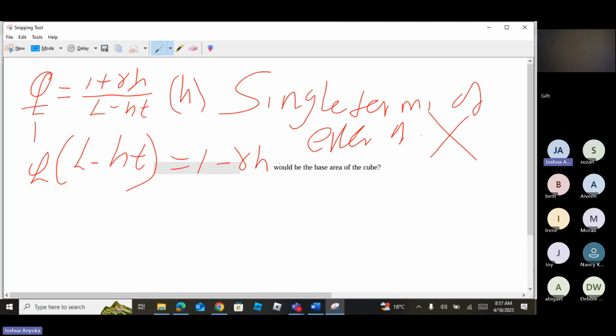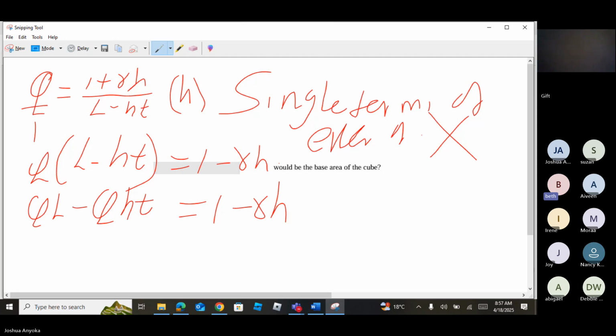You must have a justification as to why you are cross multiplying. It's not every time. We must have single terms on both sides of the equal sign. Open bracket, QL minus QHT is equal to 1 plus RH.